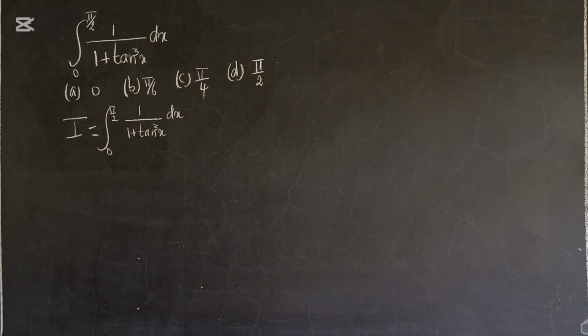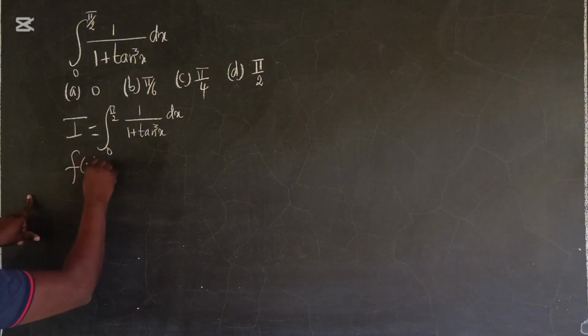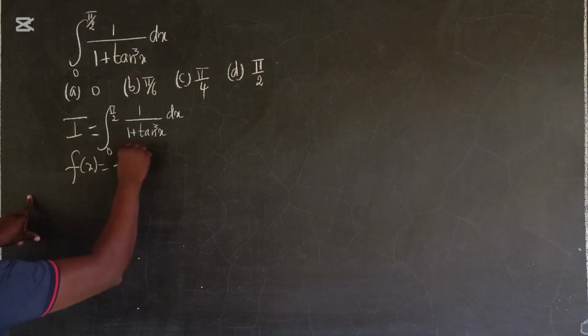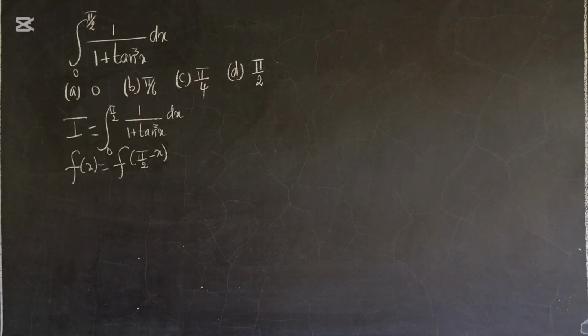And we use the fact that f of x is equal to f of pi over 2 minus x. Hope this is clear.